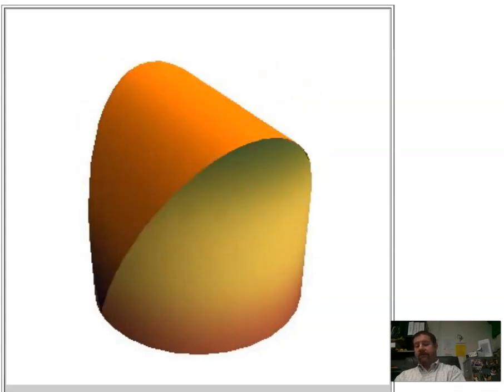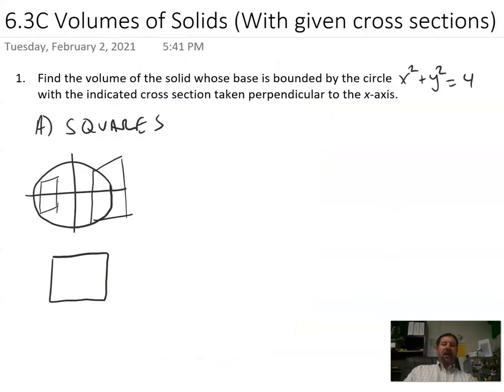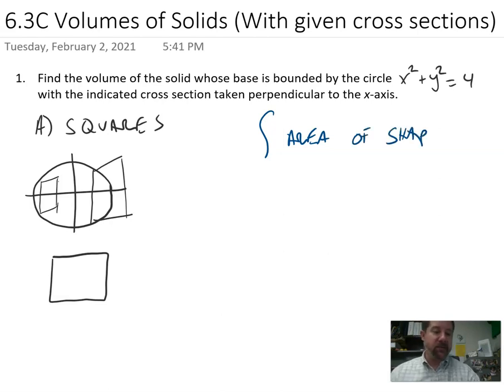Okay, so whenever you're finding the volume of a solid with a given cross section, you are always going to use this general formula. It is the integral from start to finish of the area of the shape, whatever our shape is. In this case, we're going to do squares. Area of the shape, and then dx or dy depending on what it's perpendicular to.